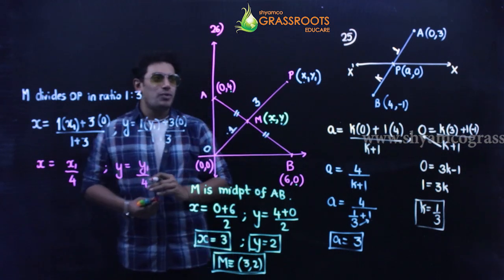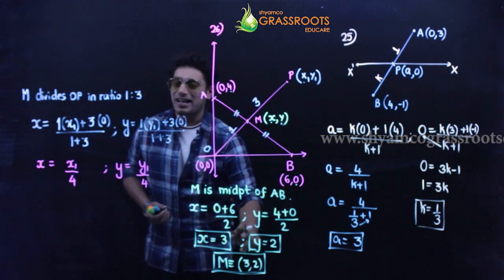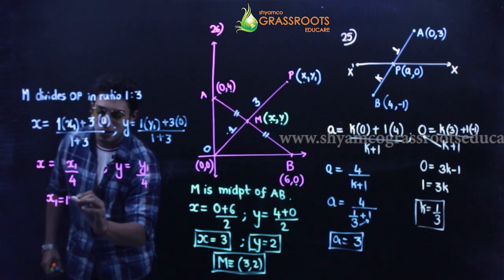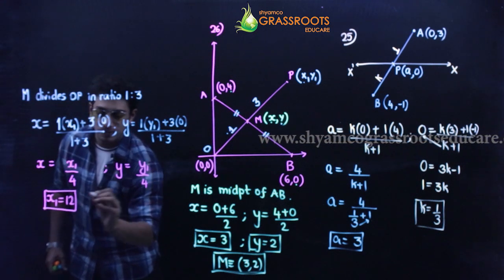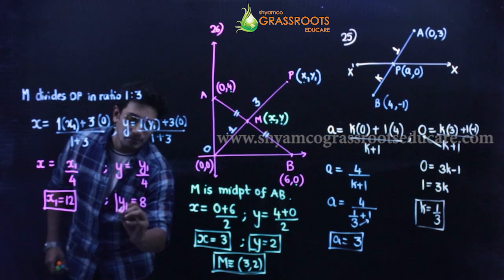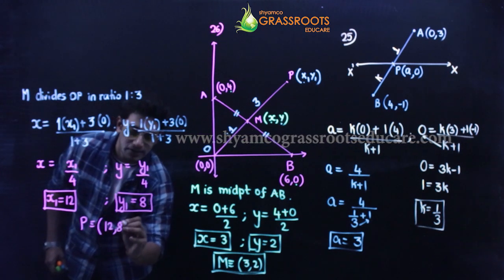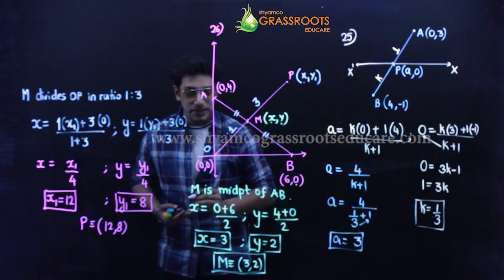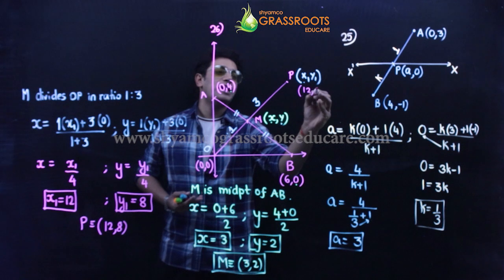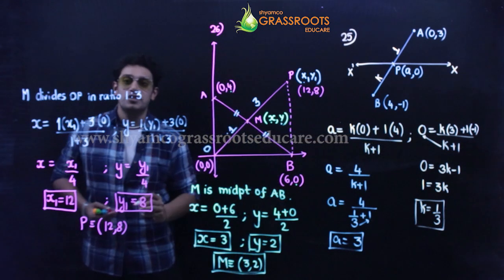Now tell me one thing, I already have x and y as 3 and 2. So if you substitute 3 here and cross multiply, wouldn't x1 be 12? And wouldn't y1, 4 2s are 8? So the coordinates of P should be 12, 8, right? Once I obtain P, which is 12, 8, I can find the distance BP by using the distance formula.